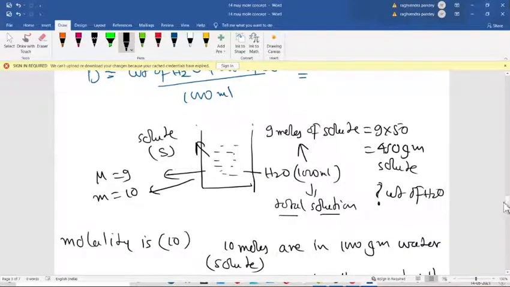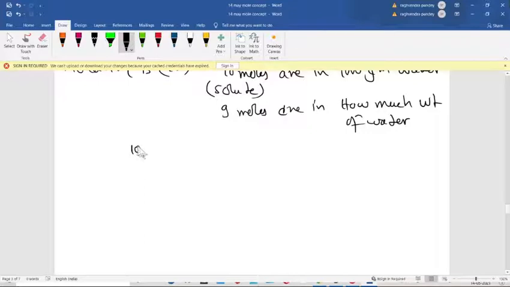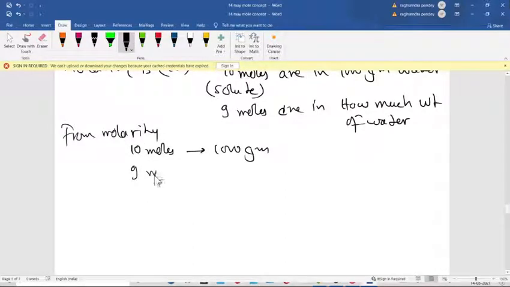So we can just make a comparison. 10 moles are in 1000 gram, that is from molality. So 9 moles are in x gram water. So x is equal to 900 gram.